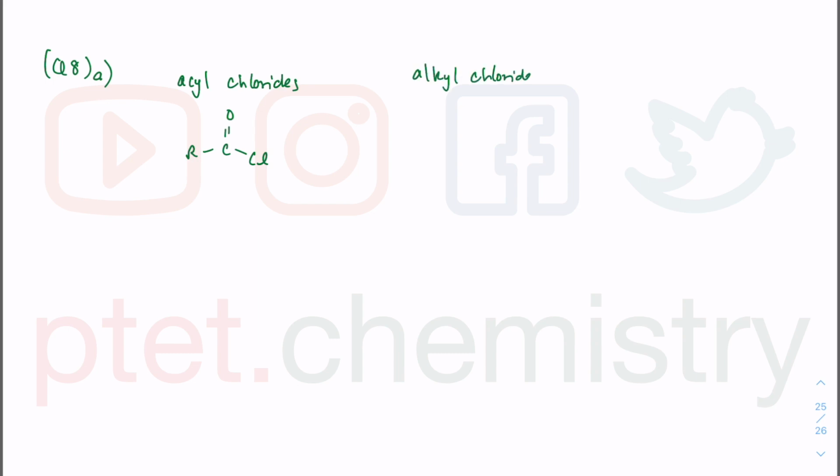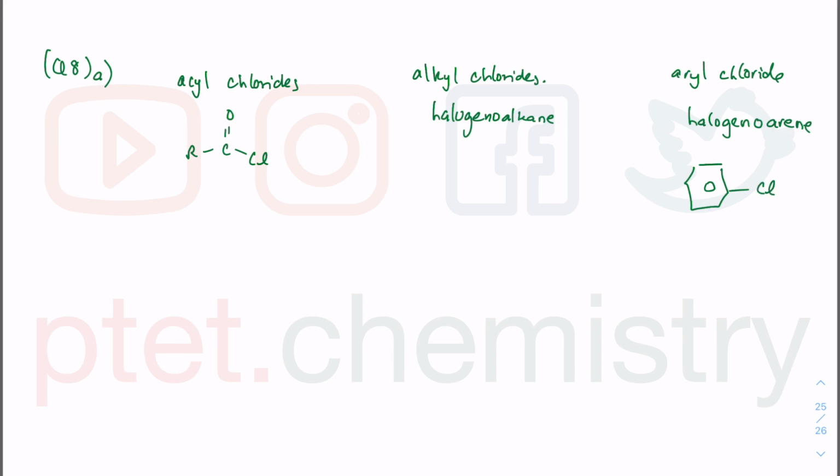Alkyl chloride is just halogenoalkane, and the next one is aryl chloride. Aryl chloride is basically halogenoarene, so it's a halogen bonded to a benzene ring, such as a chlorine or bromine or whatever. And then halogenoalkane is just RCl.